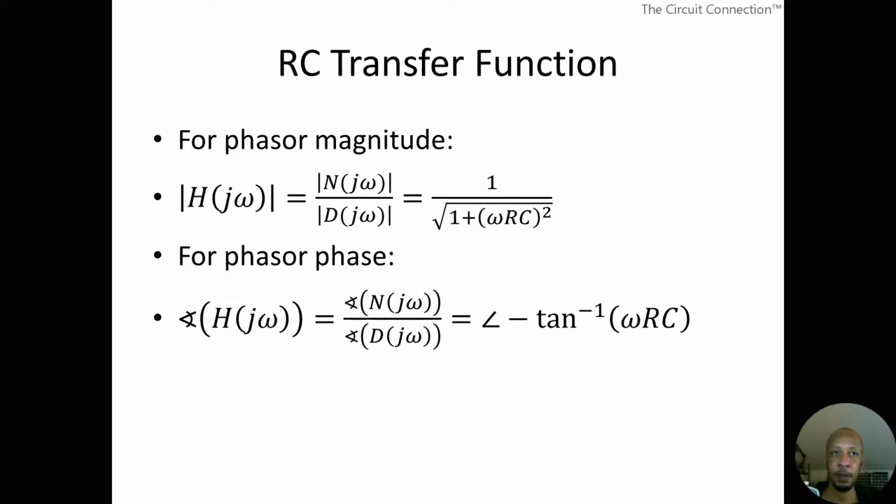And these are phasor type angles. So when you do that and you use phasor math to do that, you're going to end up with negative arctangent of wRC.